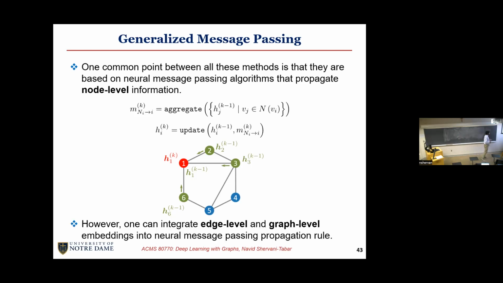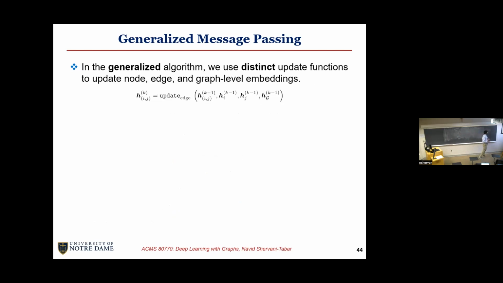So next, we're going to consider the fact that in many graphs, node embeddings are not the only information that we have in the graph. We also have edge level information and we have graph level information. And we would like to incorporate those into our graph embedding, right?